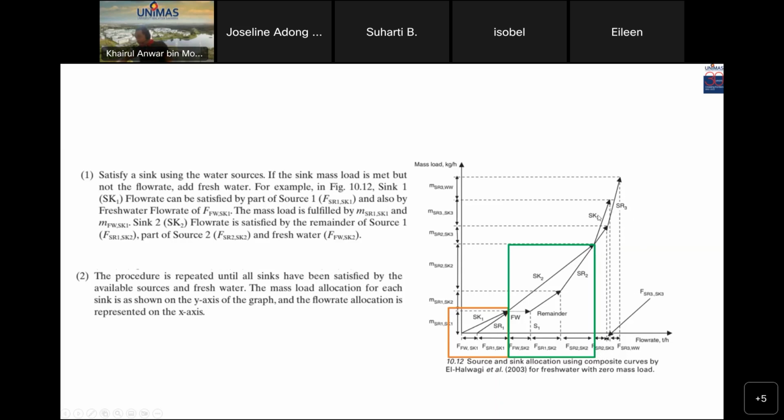So after SK3, most of the SR3 source is the wastewater. Yes, it's wastewater.